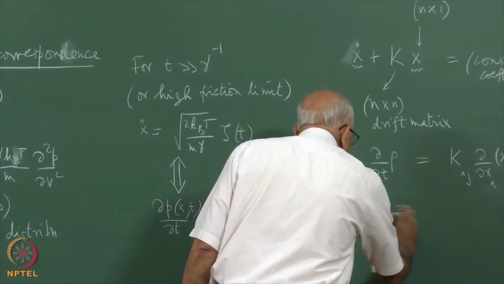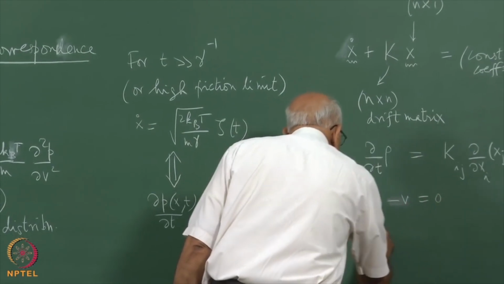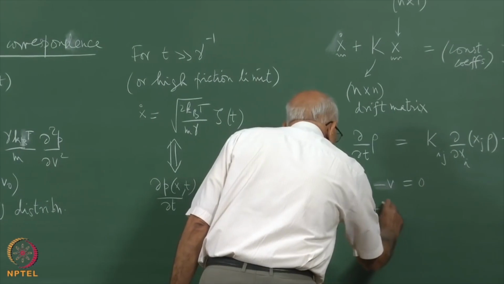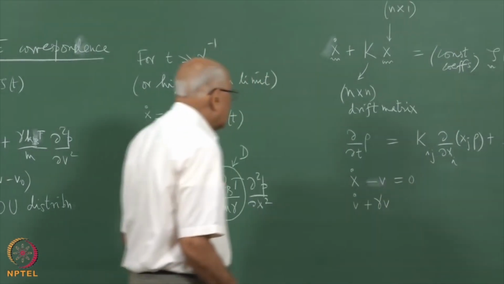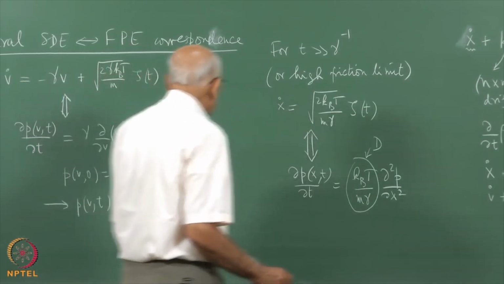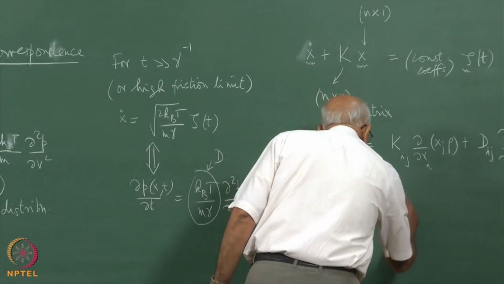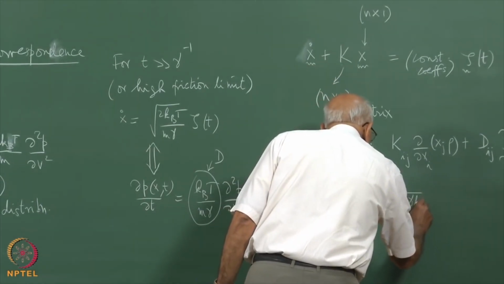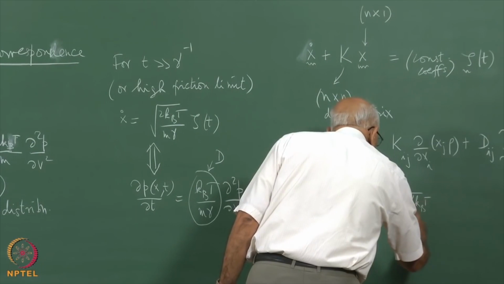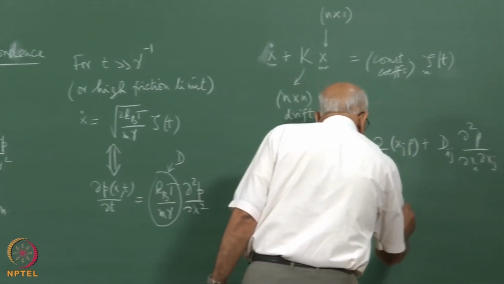So, x dot minus v equal to 0, and v dot plus gamma v, essentially we are writing this equation again, is equal to square root of 2 gamma k Boltzmann T over m, zeta of t.